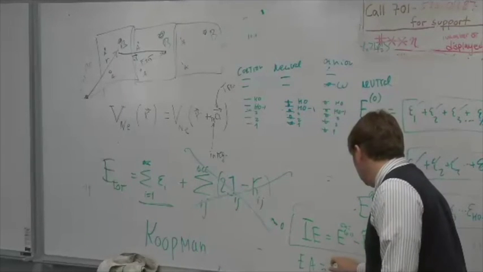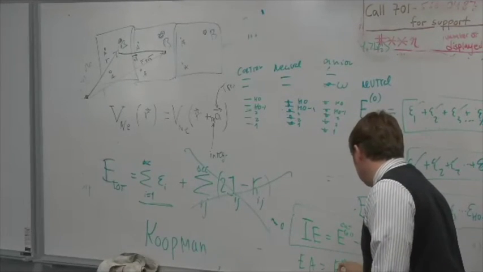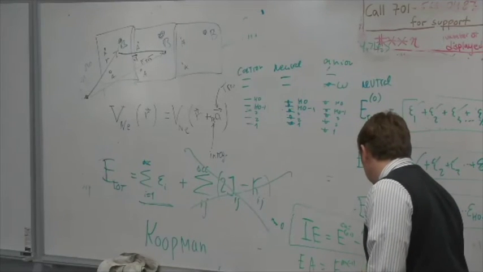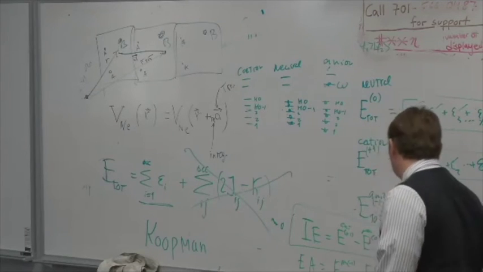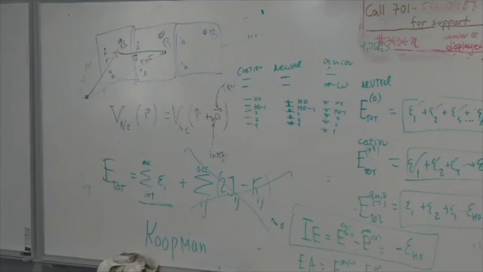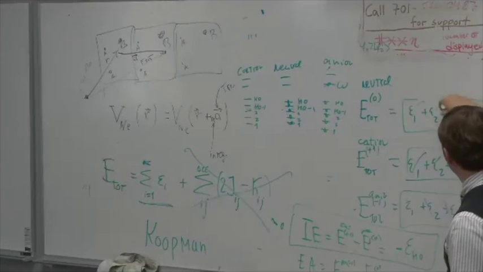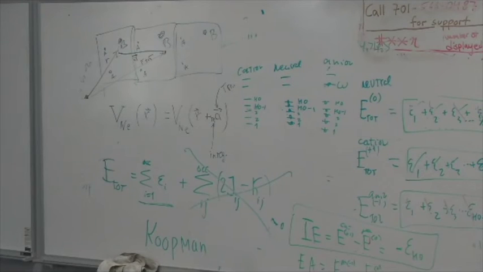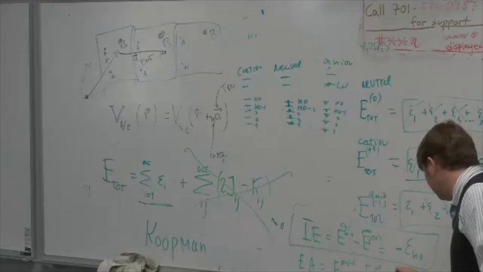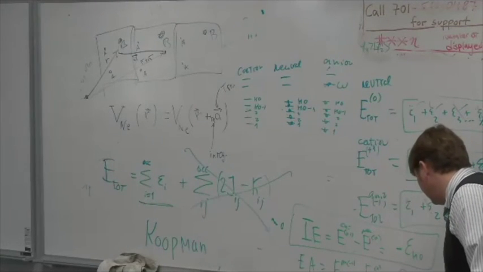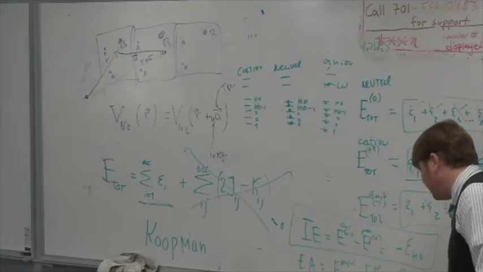So energy of the anion minus energy of the neutral. This one minus this one, so we cancel everything. And the only surviving term is the energy of the lowest unoccupied molecular orbital.